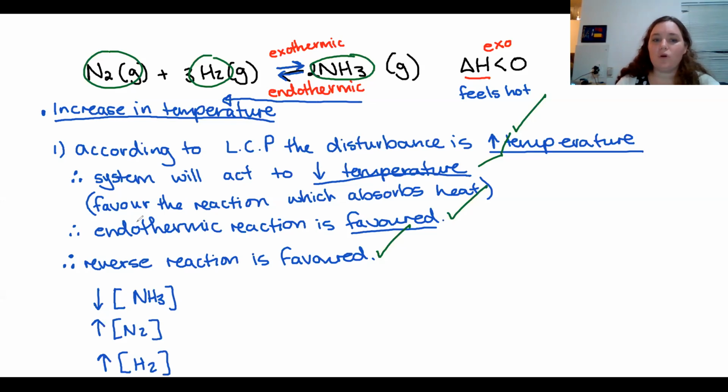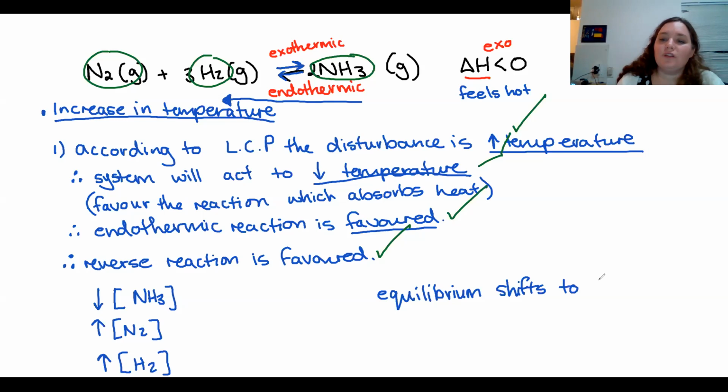We can also talk about the fact that the equilibrium shifts. If we're favoring the reverse reaction, that arrow is pointing to the left. So we can sometimes say that the equilibrium shifts or lies to the left. If we're doing the opposite, we could say that the equilibrium shifts or lies to the right.